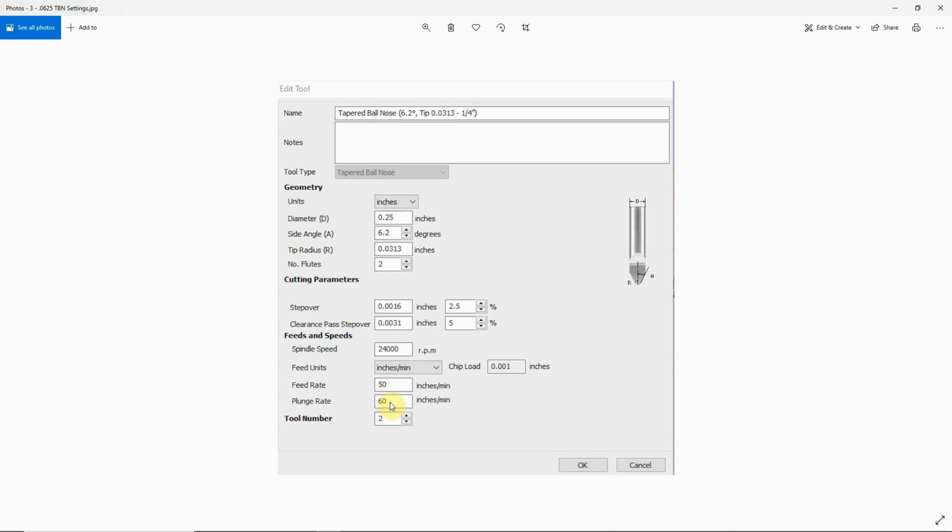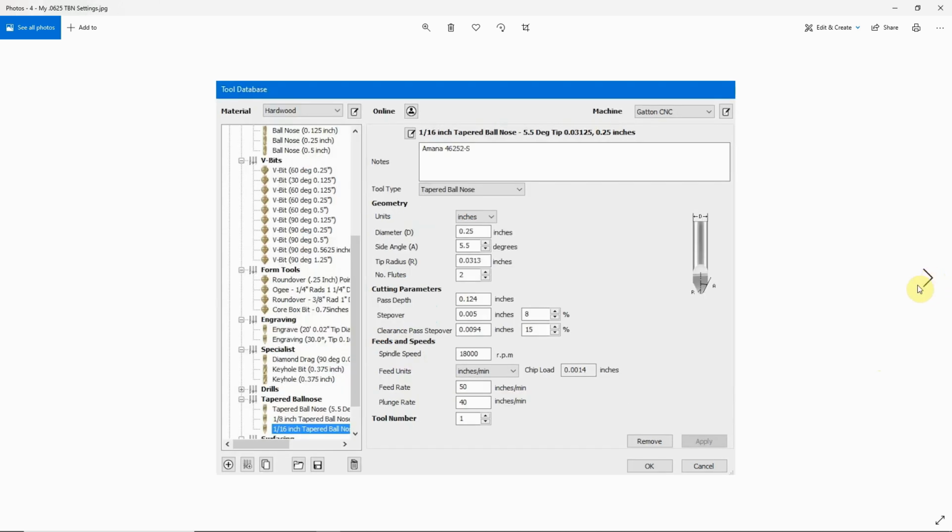Now this is a big factor when it comes to 3D modeling because the Z is in almost constant motion. So in the case of my tapered ball nose here, that's why I have this set to above half of my feed rate, because the Z is in almost constant motion when you carve 3D, and that's the only time I ever use a tapered ball nose.